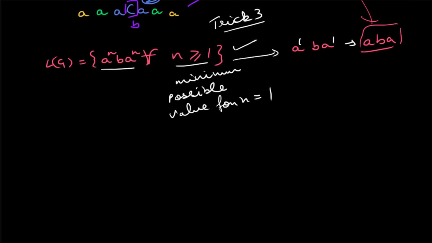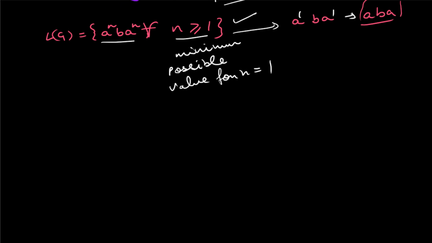So let's go on and do a small other example, shall we? Sometimes the question might say that G is S goes to AS, BS, and then A and B. Oh, it doesn't say that.